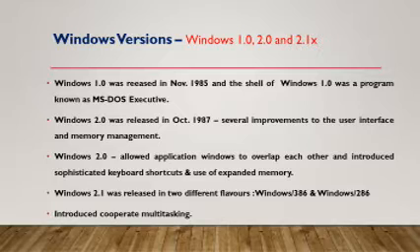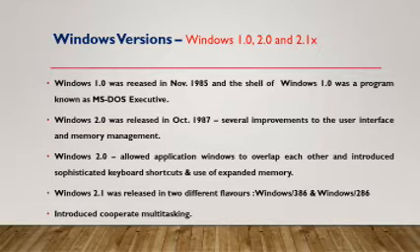Then Windows 2.0 was released in October 1987 and featured several improvements to the user interface and memory management. Windows 2.0 allowed application windows to overlap each other and also introduced more sophisticated keyboard shortcuts. It could also make use of expanded memory.